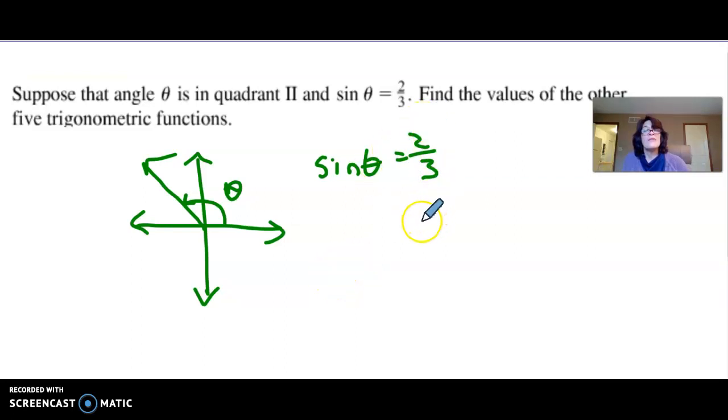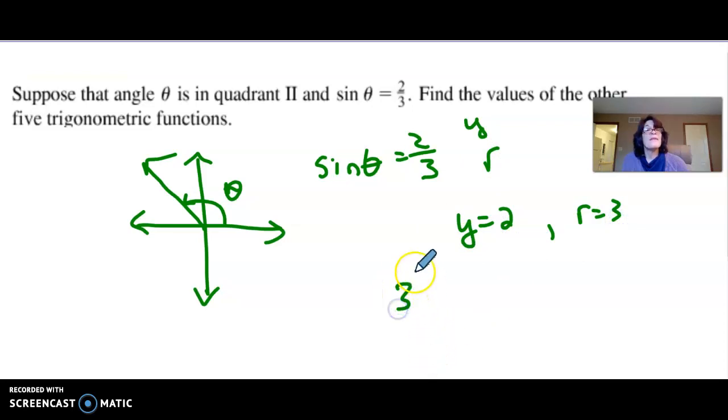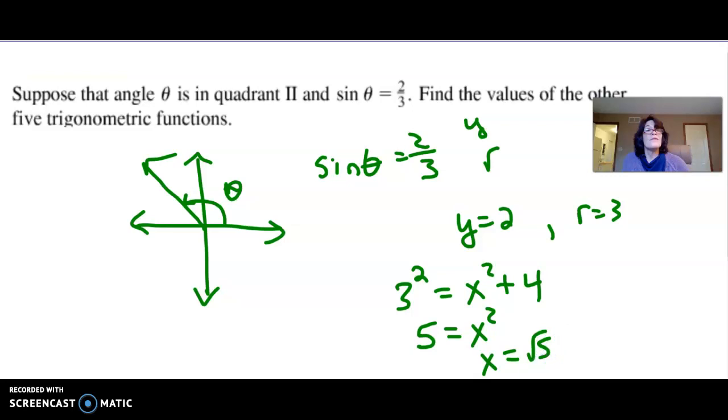Well, if sine is 2/3, that means y is 2 and r is 3. I need to find x. I know that r squared equals x squared plus y squared. So x squared equals 5. So it looks like x is going to be the square root of 5.